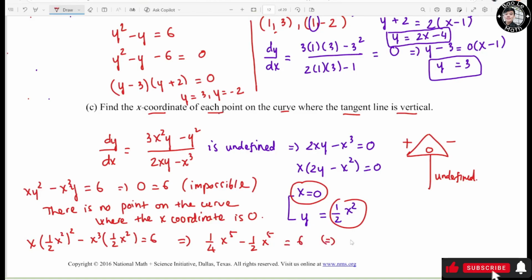So it's going to be negative 1 over 4 s to the 5th equals 6. Multiply both sides by negative 4, so s to the 5th equals negative 24. Take 5th root both sides, so s equals 5th root of negative 24, right? This one is the final answer.